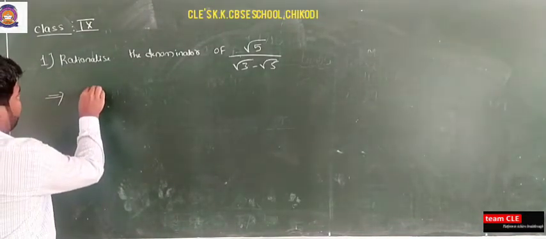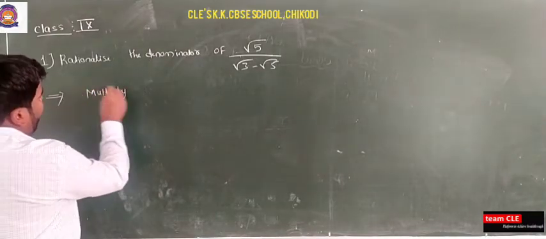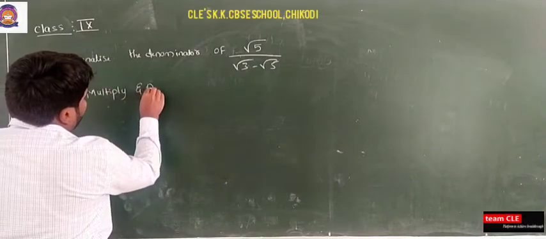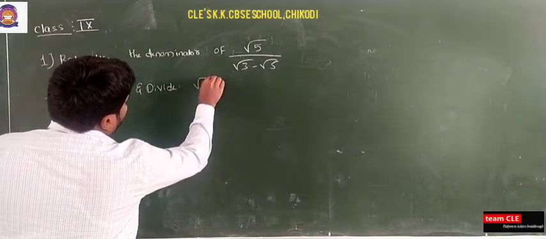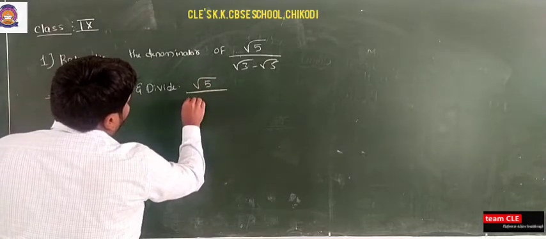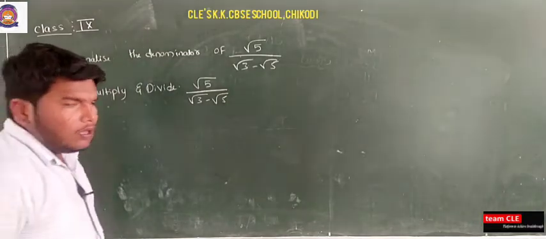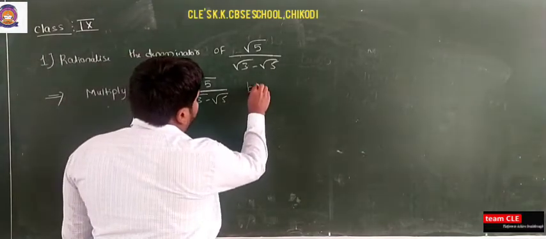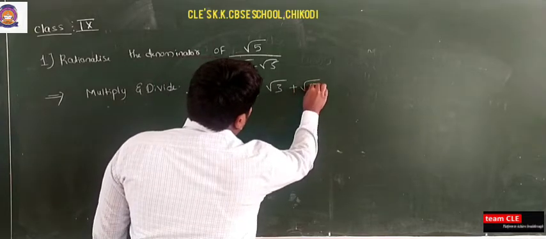First step, you have to multiply and divide root 5 over root 3 minus root 5 by root 3 plus root 5.